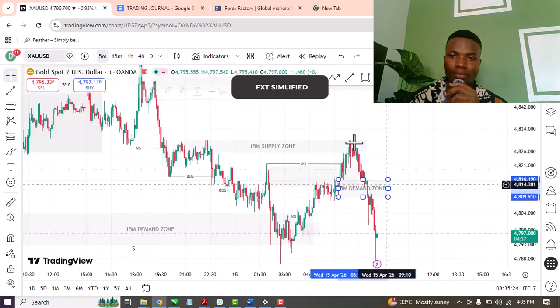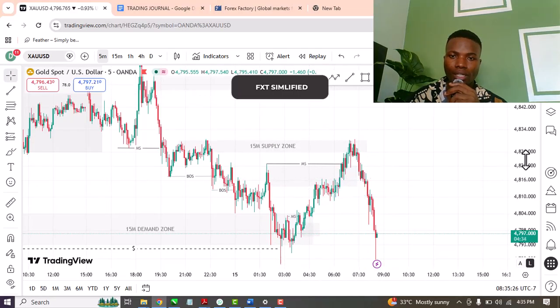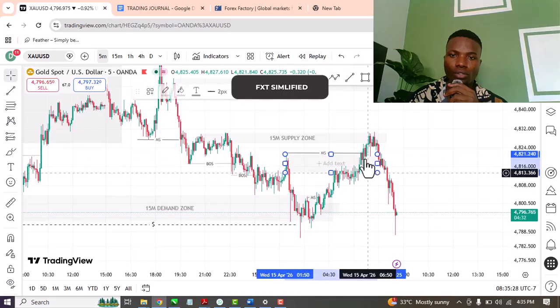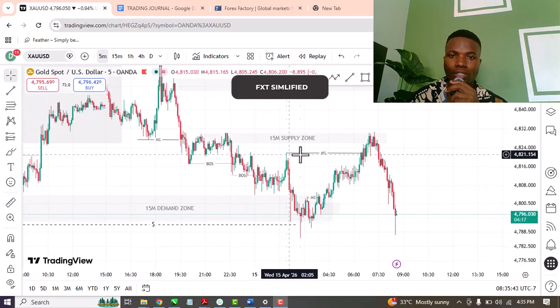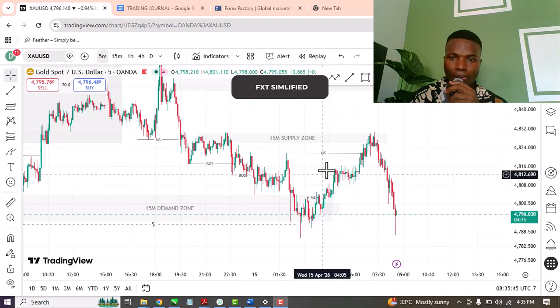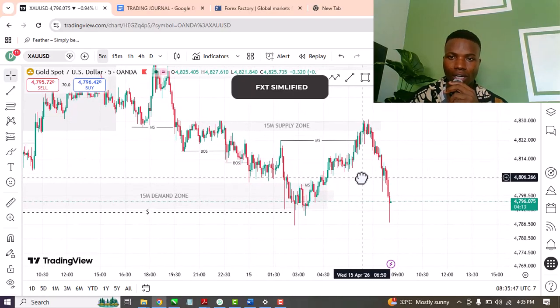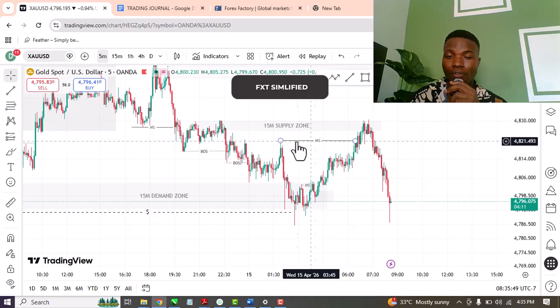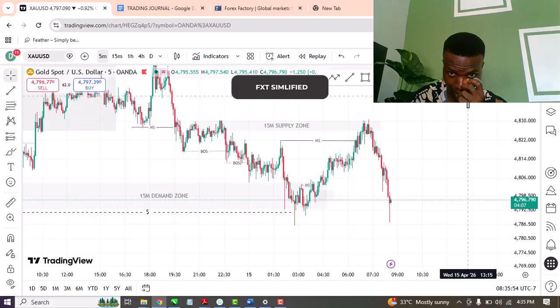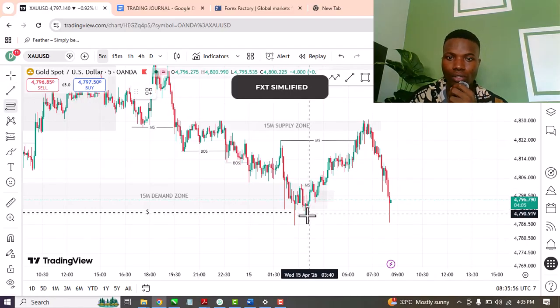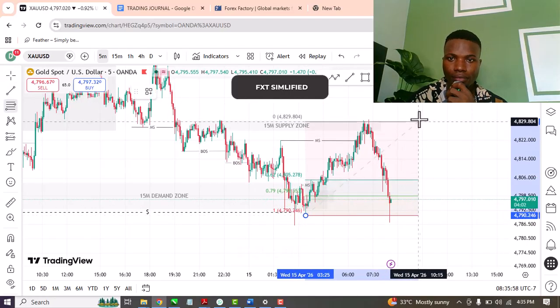Let me just clean up some things right now. I see that price has moved all the way above this previous lower high. Price has moved above this high. So that simply means that if I'm going to enter this trade, okay, let me just look at this.